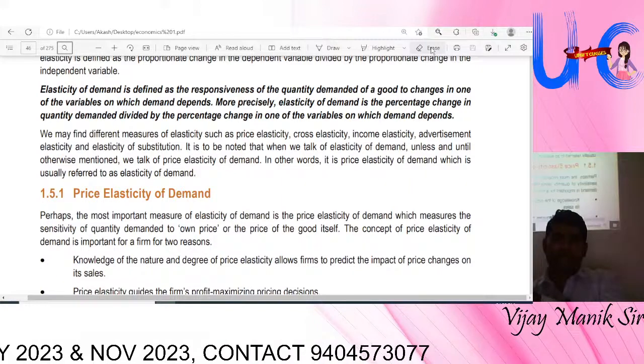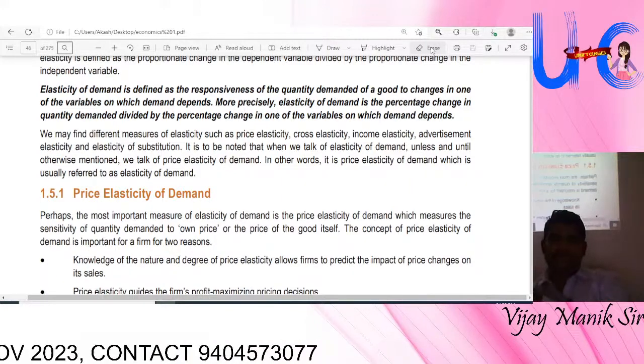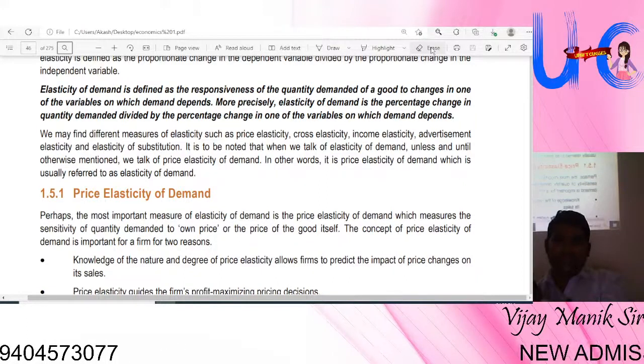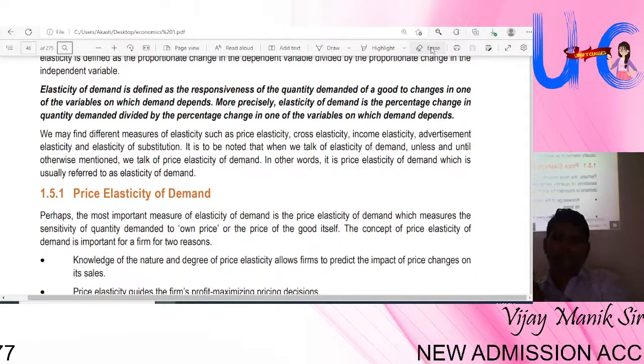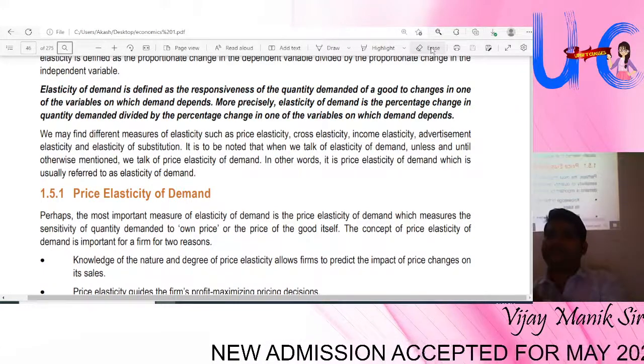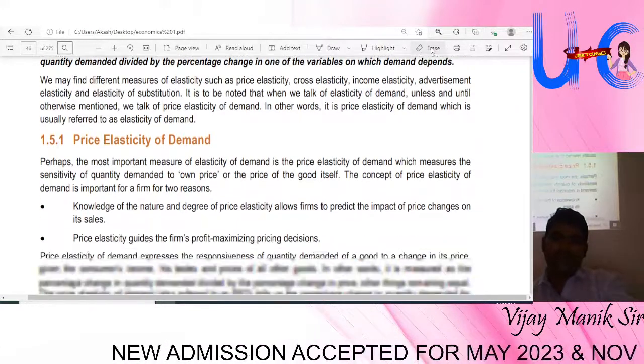What is the equation? Percentage change in quantity demanded divided by the percentage change in one of the variables on which demand depends. So we can say this is the definition of elasticity of demand.